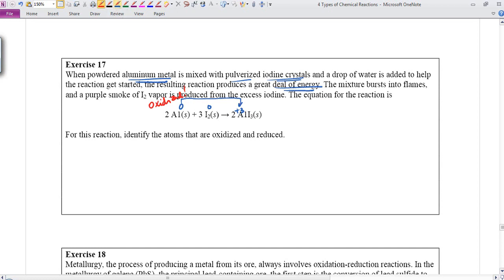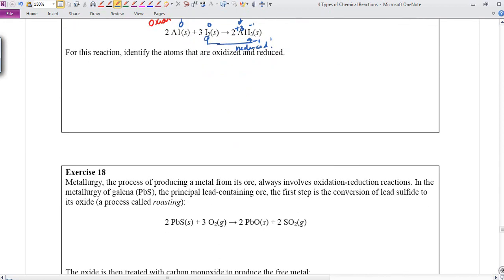It's the one that makes sense. This one started out at 0 and ends up over here, 3 of them, so they are -1 each. So the number went down from 0 to -1, so that is reduced. Easy enough. See, not everything has to be painful.